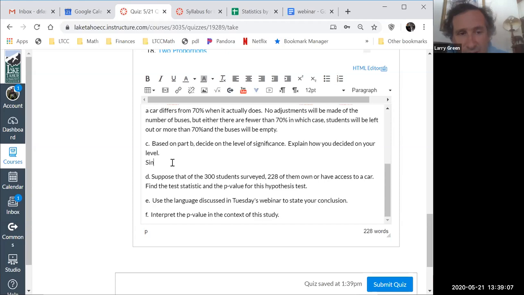Okay, so since the repercussions are basically just as bad, remember what I told you, if they're just as bad, what should we use for the level of significance? What number? Yeah, 0.05. Use 0.05 for the level of significance. Any questions on that?